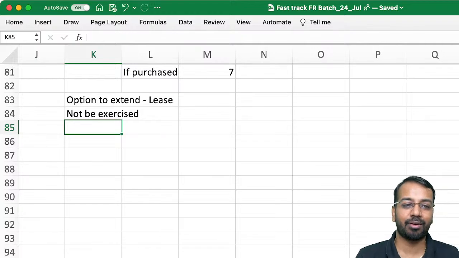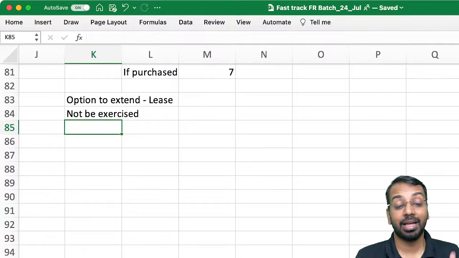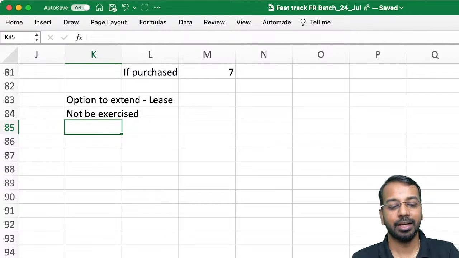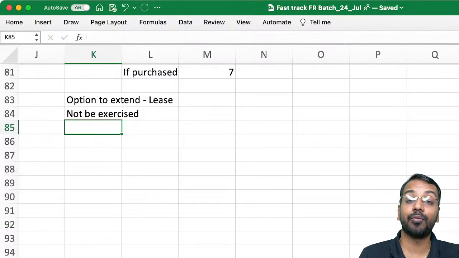Initially when we did the lease accounting, we said we will not exercise, so we will not include that in the lease term, and we will not include that to calculate lease liability. But subsequently we say we will extend, or we have exercised the option. So if this kind of situation happens, we need to remeasure the lease liability.